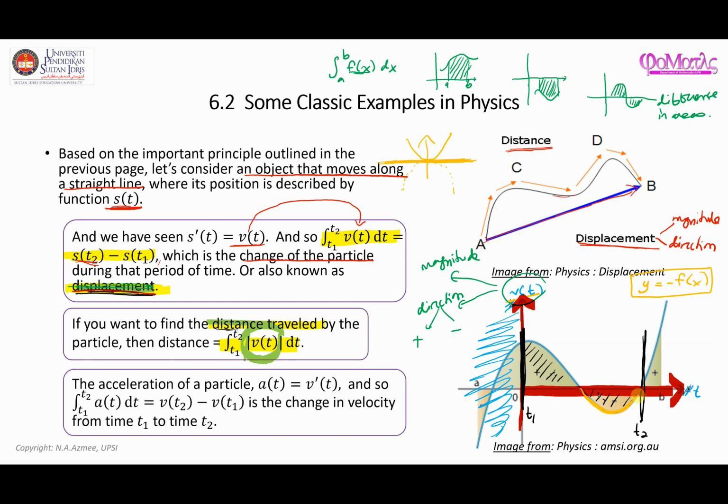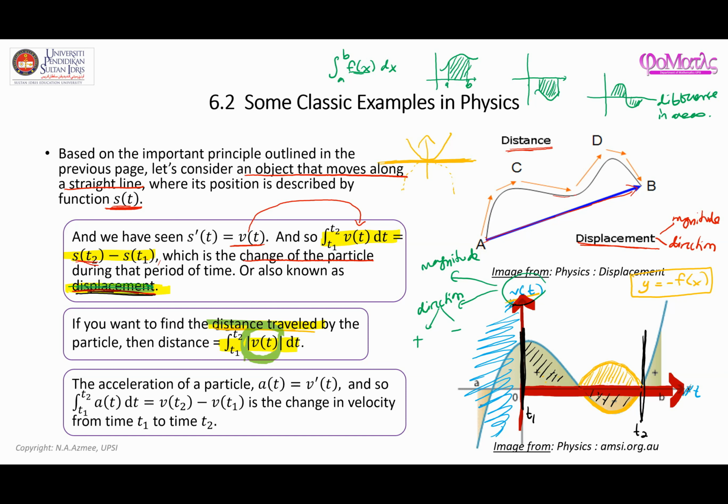Since this is a negative value of velocity, by considering the negative of this function, you'll get the same graph reflected on the x-axis. By finding the integral of the new function, which is positive, taking the absolute value of v(t), you will get an area which is also positive, and you can add up these two areas and obtain the total distance traveled by the particle.